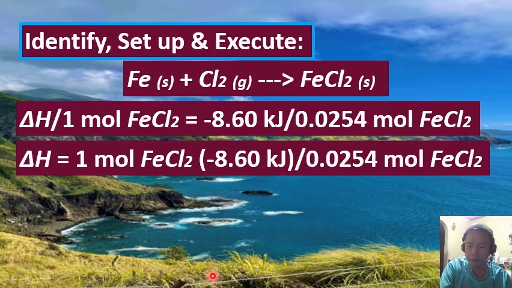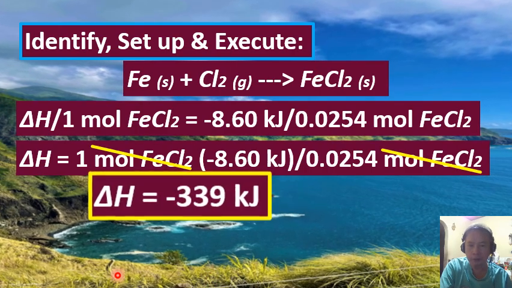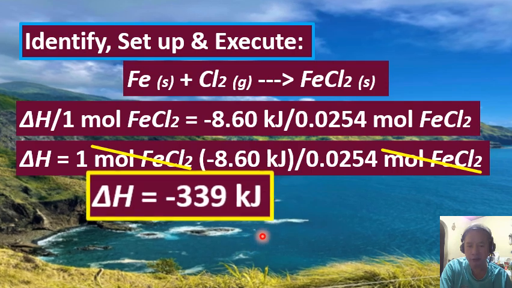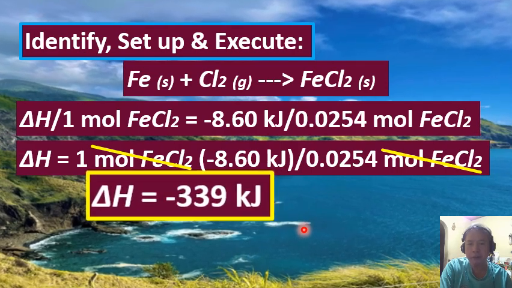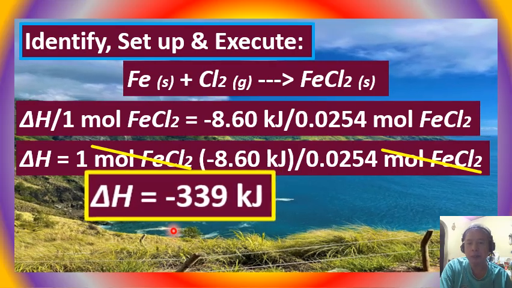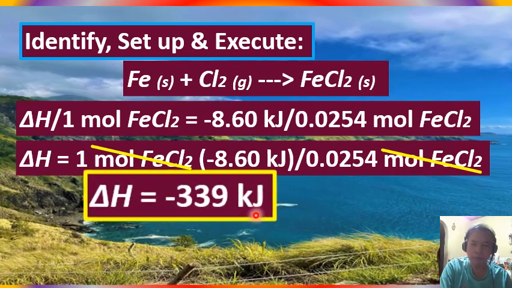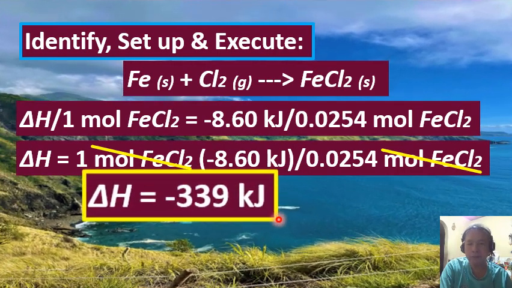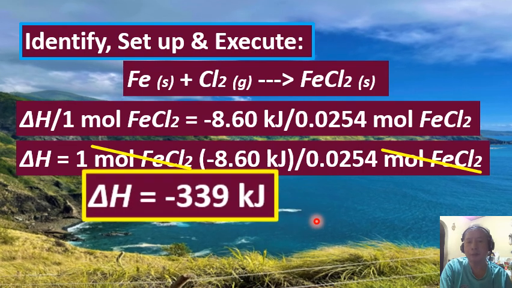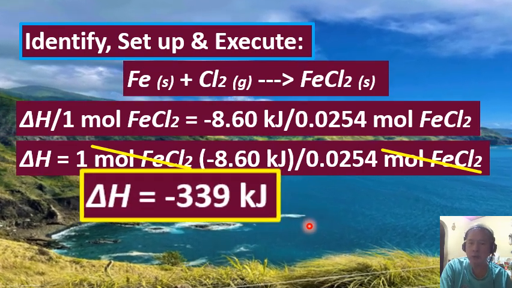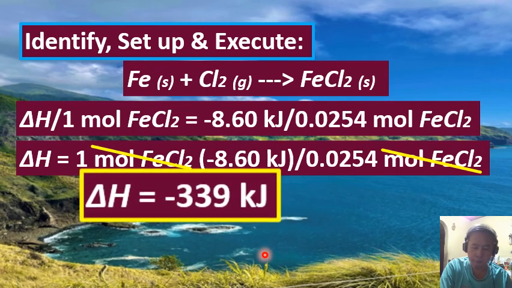So doing our math, we find the enthalpy change, delta H, equal to negative 339 kilojoules. This is if the amount of the product solid ferrous chloride happens to be equal to 1 mole.